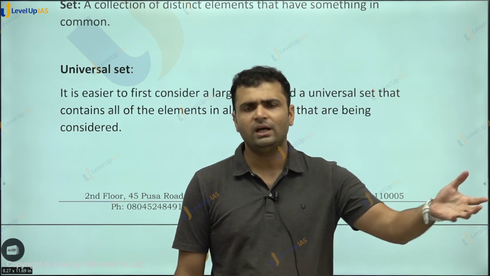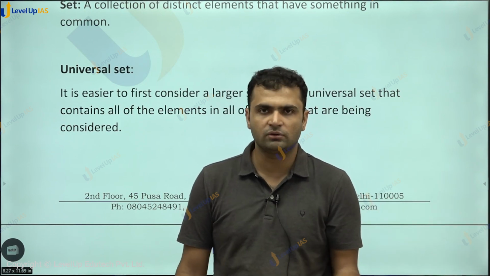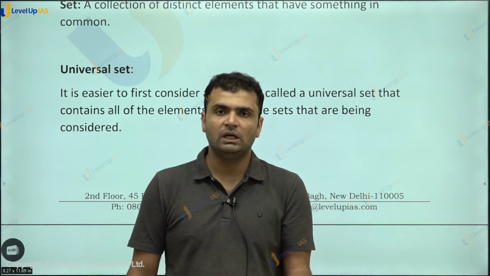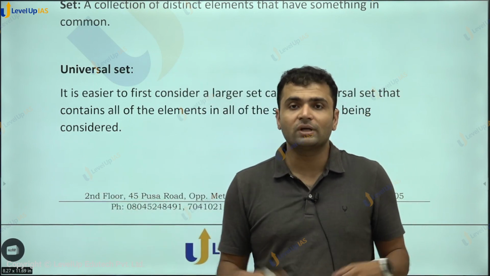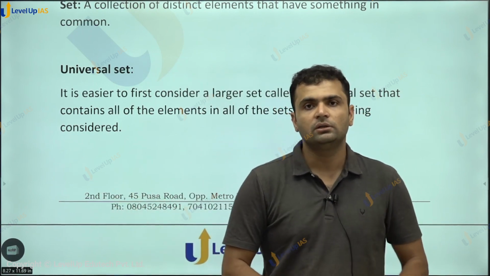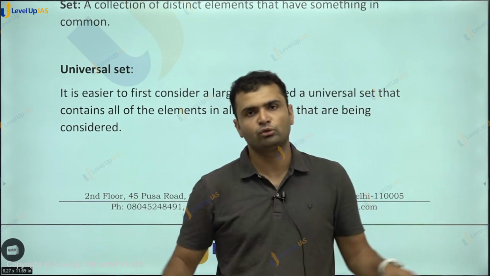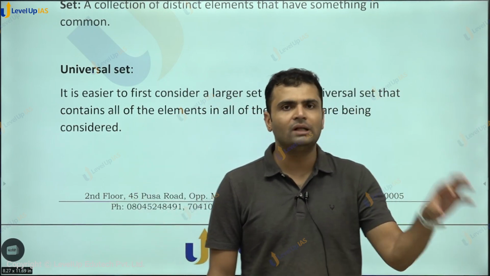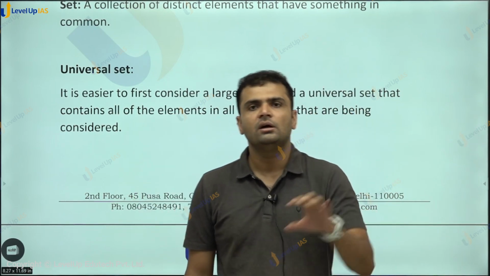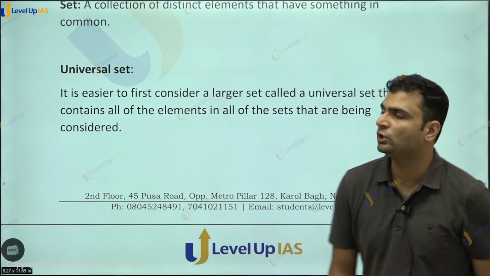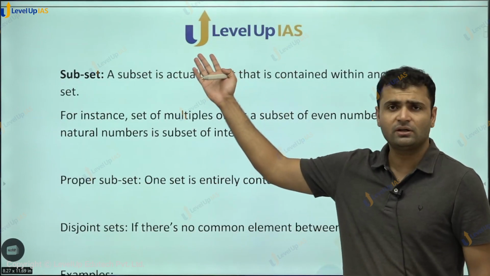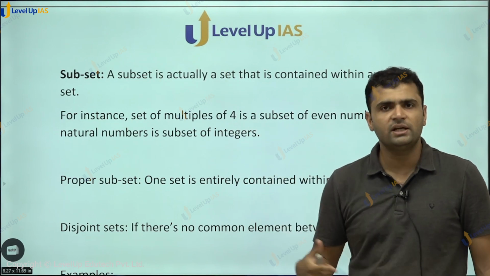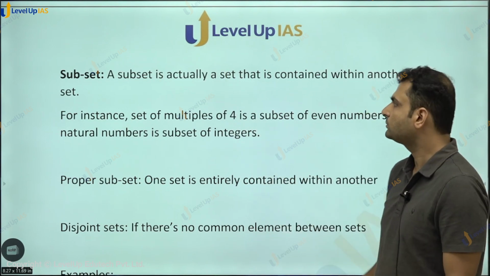Students for division A are first set, students from division B would be second set, and so on. The universal set in this context could be all the students in the school. That could be universal set, and all these sets that are being considered become subsets of that universal set. So that is not a constant set. It can change based on context.